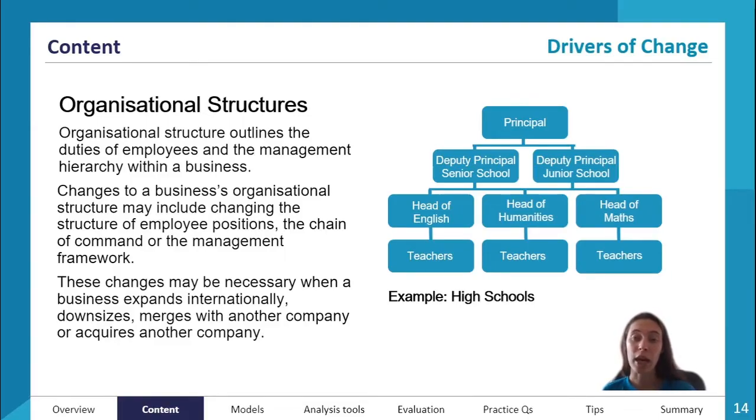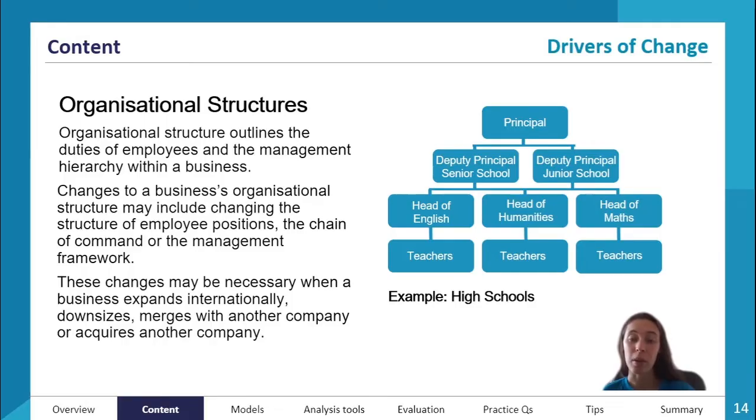So whether the change is involving growth or getting smaller, it is going to be relevant as a driver of change, organizational structures. And in terms of school, you start off with your principal at the top. You likely have some kind of deputy principals or something along those lines.